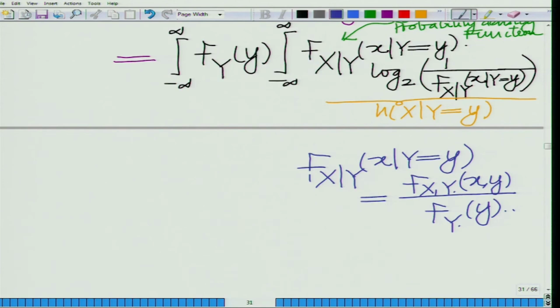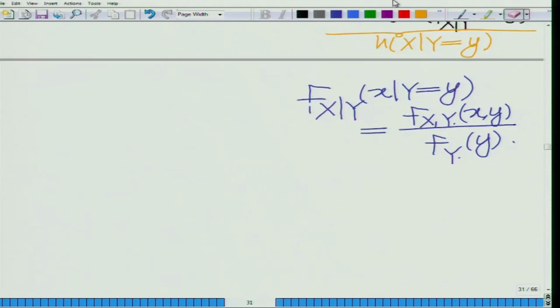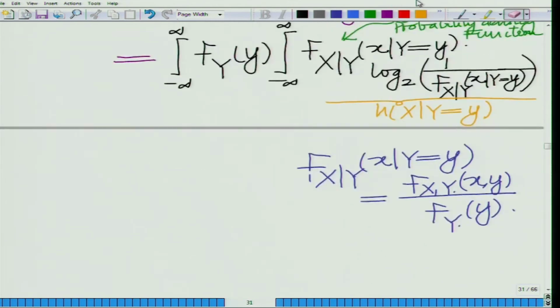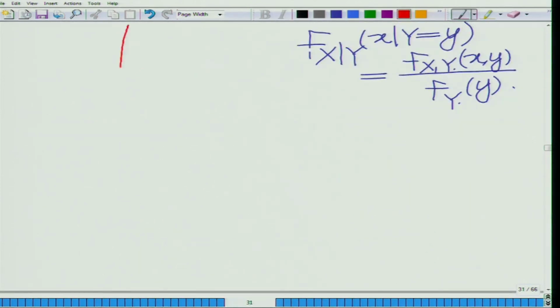Okay. And now if you look at this, okay, so now you can write this again as the following thing. You can write this as follows.